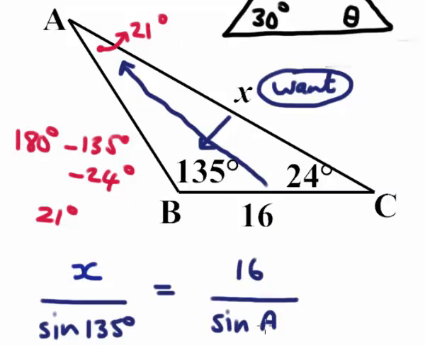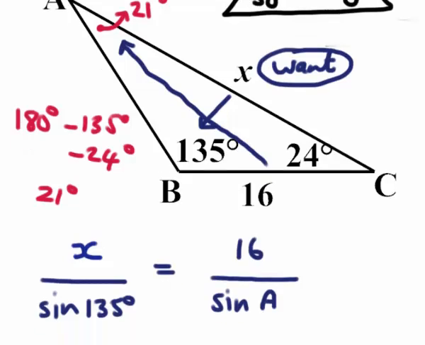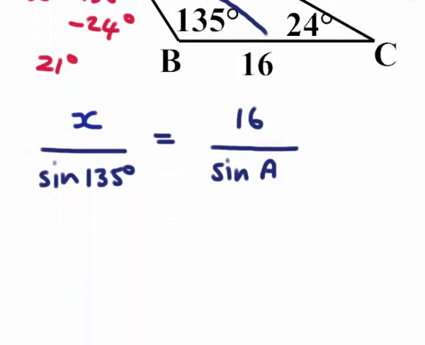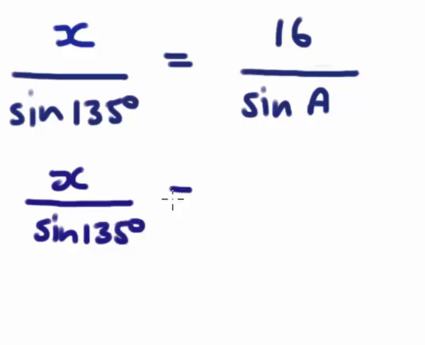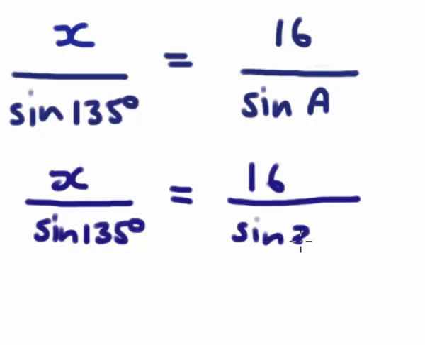So we know what this angle is here. That's great. So how do we do this? We can say, okay, fine, no problem. Let me go to blue again. What we can say is that x over sine 135 degrees, 2 angles and a given side, is 16 over the sine of 21 degrees.